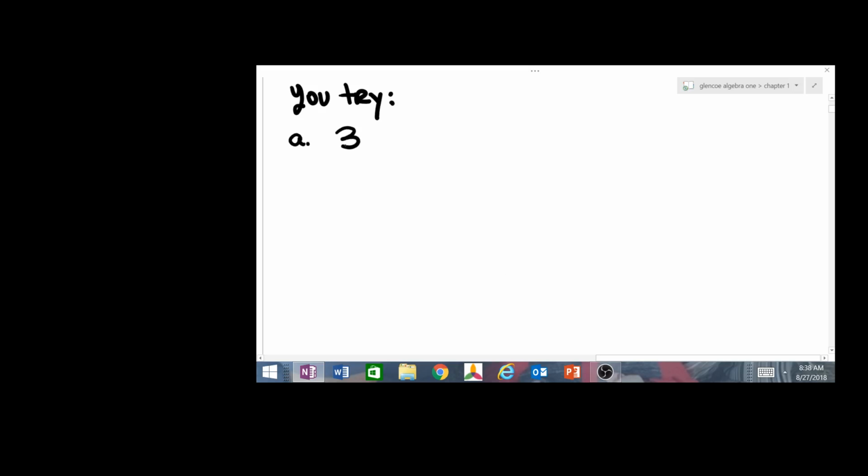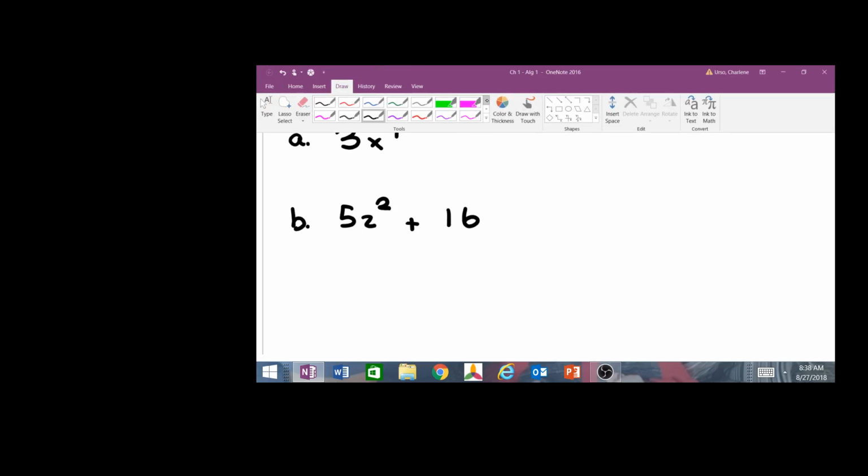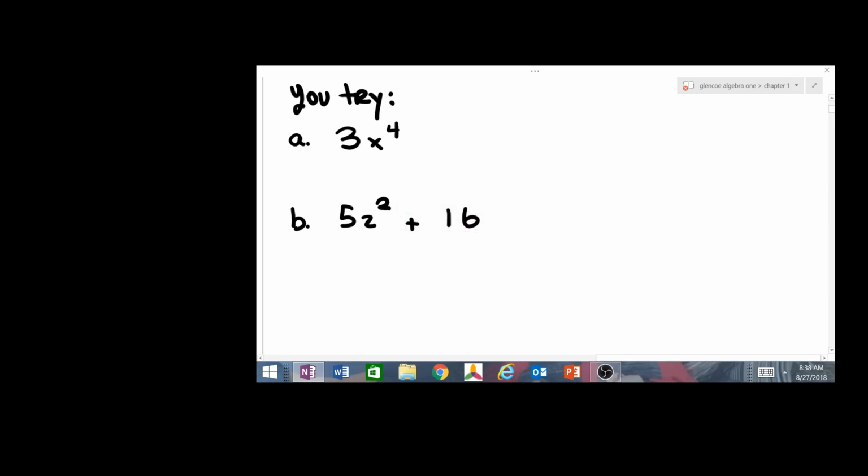Let's see if you guys can write a verbal expression for A and B. Example A. Would anybody like to give it a try? Abigail. 3 times x to the 4th power. Perfect.